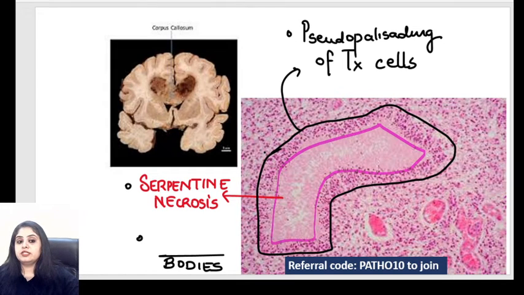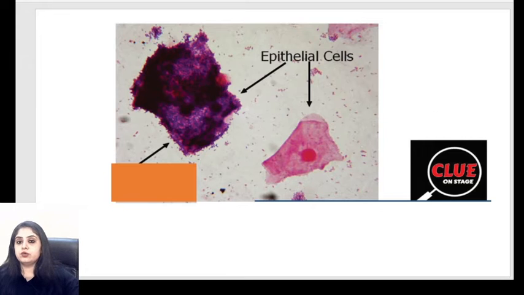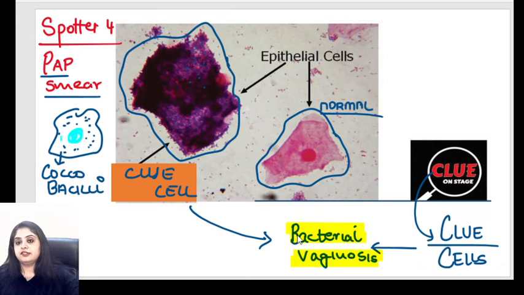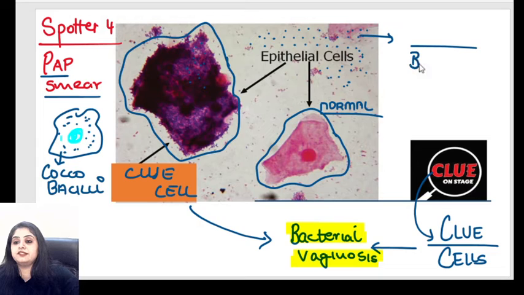Homework number 2 for the day is that I've already told you that clue cells are seen in bacterial vaginosis. And what are clue cells? All those bacteria stuck over here. Listen to your homework: the same bacteria that is there in the background of the slide, what background is it known as? What is the fancy name given to the background?